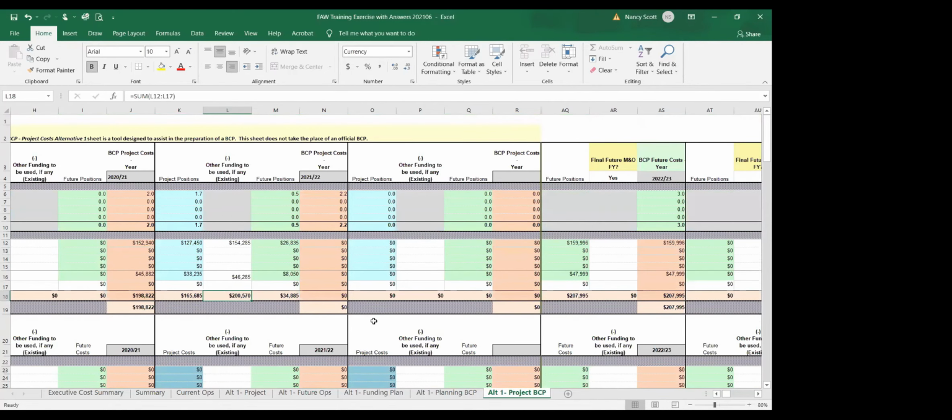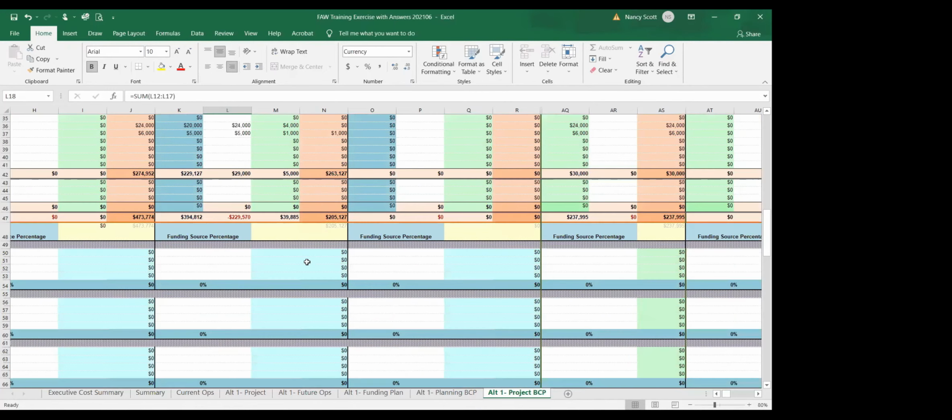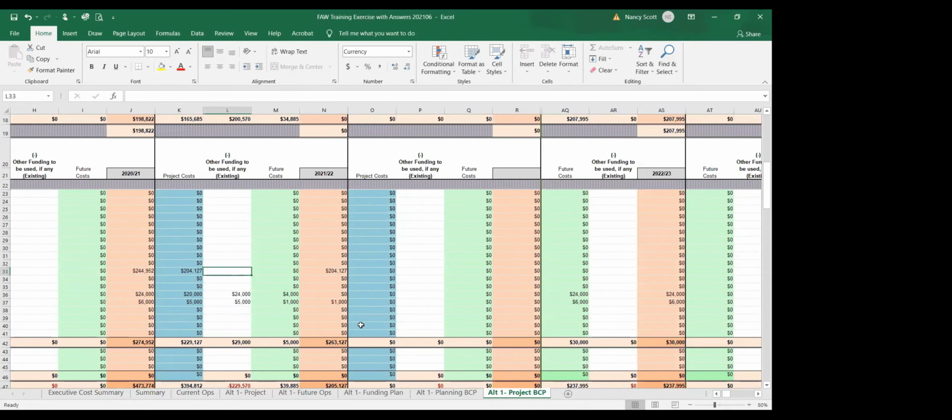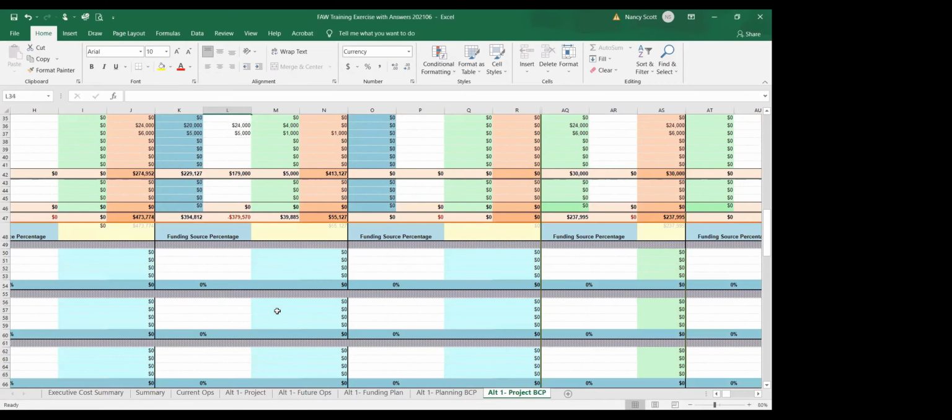Because it's 205 here, and then it's 29,000 here. So it's still showing that I need 205. So I would need to go here and whatever that difference was between the 500,000. So let's just say it's 150. And we get down to the bottom line that we need 55,127. So we went to our funding plan. It shows we need 34.